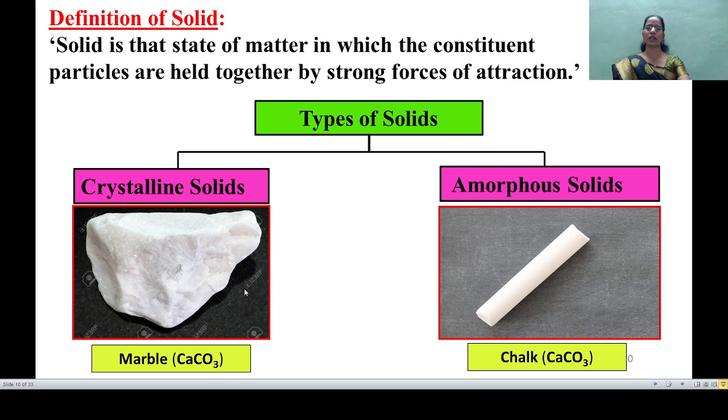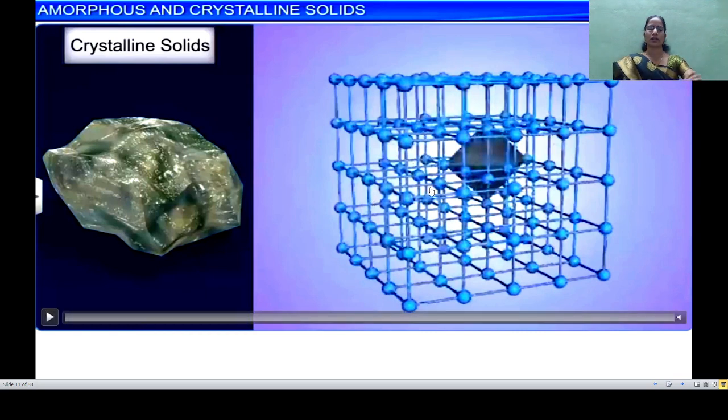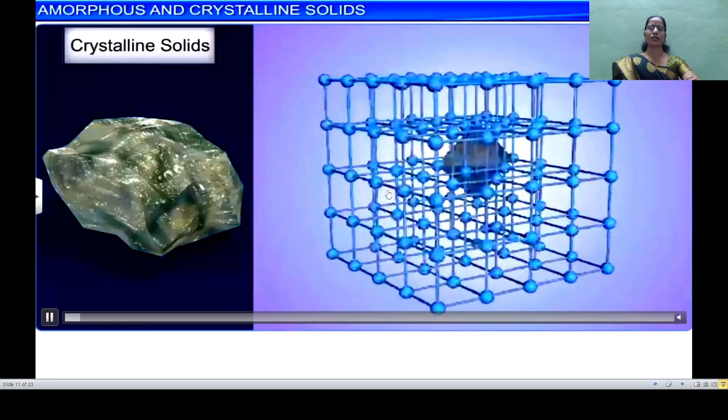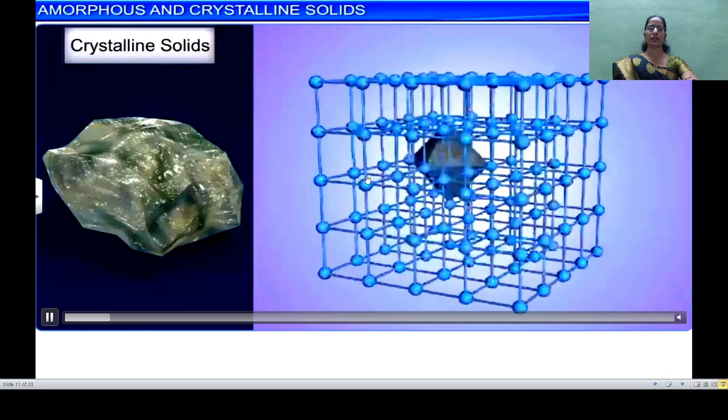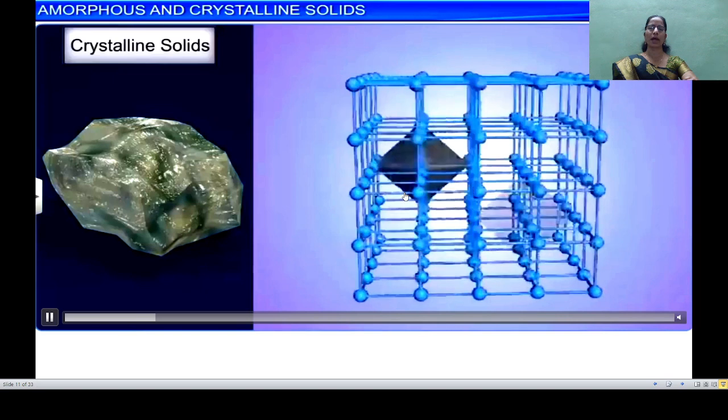First, we will study the arrangement in crystalline solids. Now observe this picture. This picture indicates the crystalline solid. You will observe that the constituent particles in this solid are arranged in a regular manner.